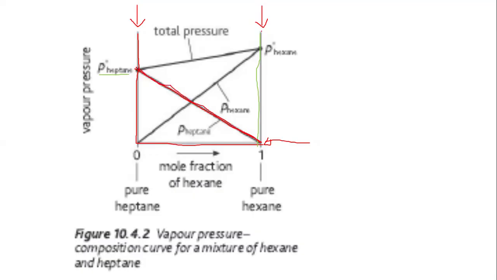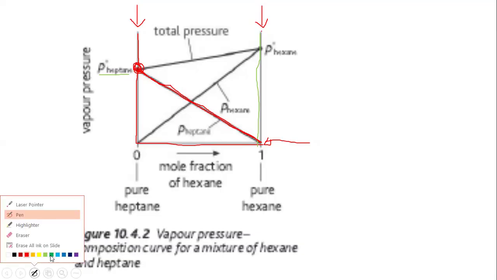It's telling us that heptane started with a relatively high vapor pressure, and as the mole fraction increased for heptane, the pressure decreased. I hope you can see that.